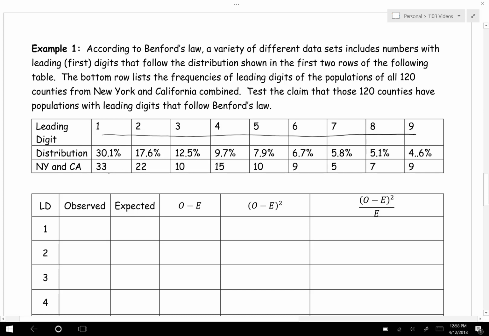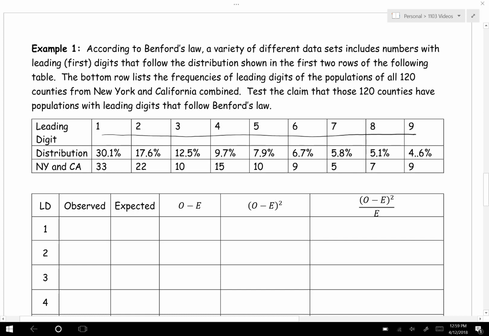The next row is what we actually observed. 33 counties in New York and California had leading digits of 1 for their population. 22 of the counties had a leading digit of 2. 10 counties had leading digits of 3, and so on down the row.